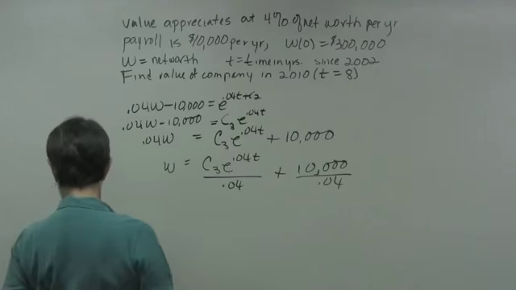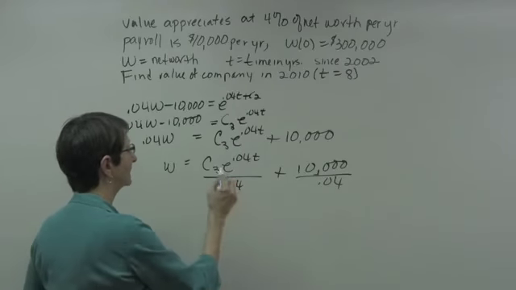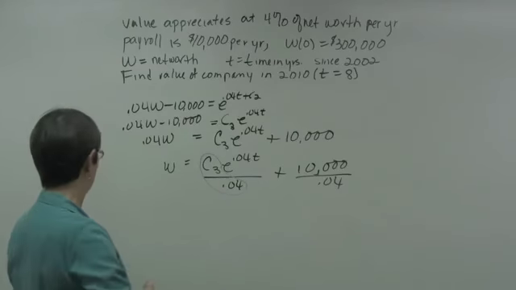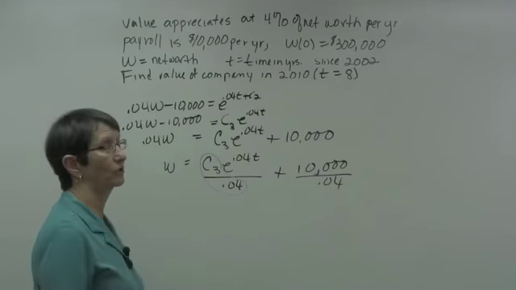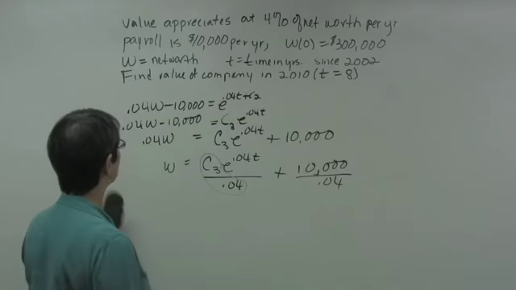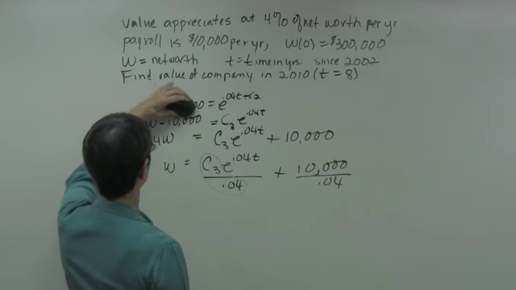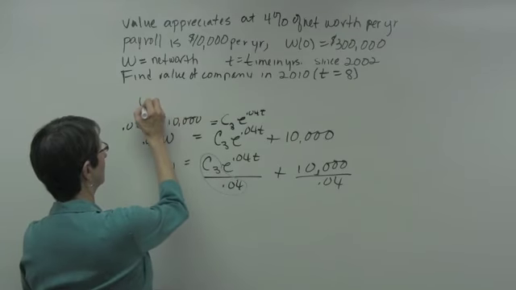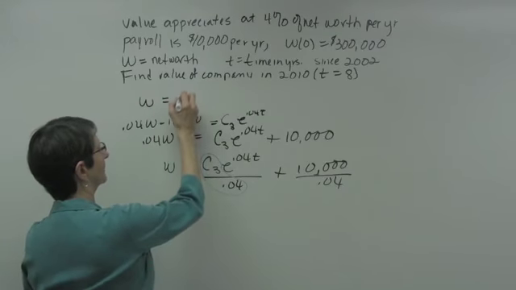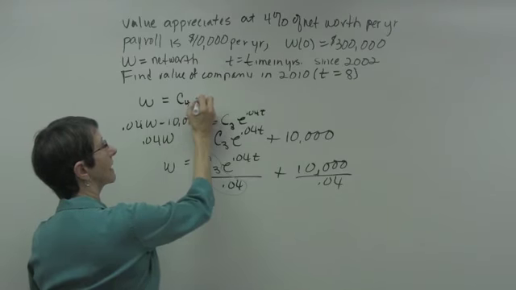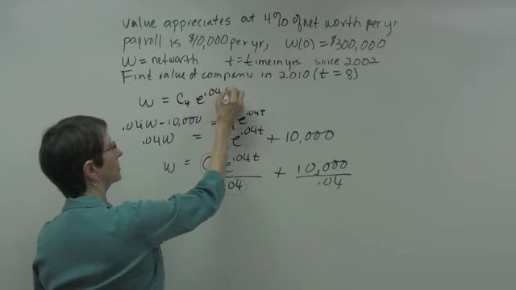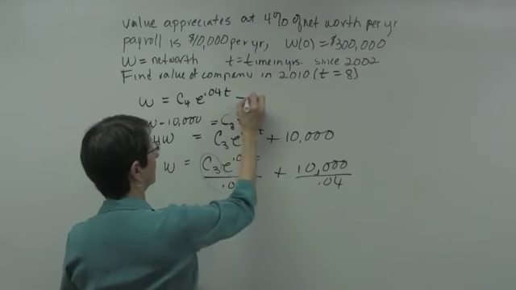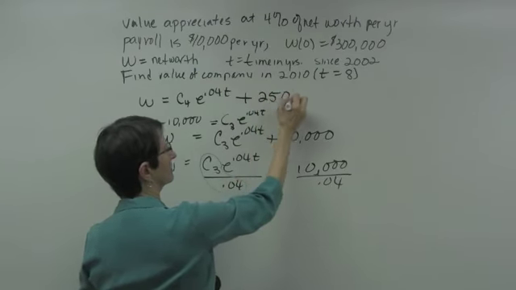When I divide, I can combine C3, whatever that constant is, divided by 0.04, and I'm going to end up with another constant. So my W is equal to C4 times e to the 0.04 T. And 10,000 divided by 0.04 is 250,000.